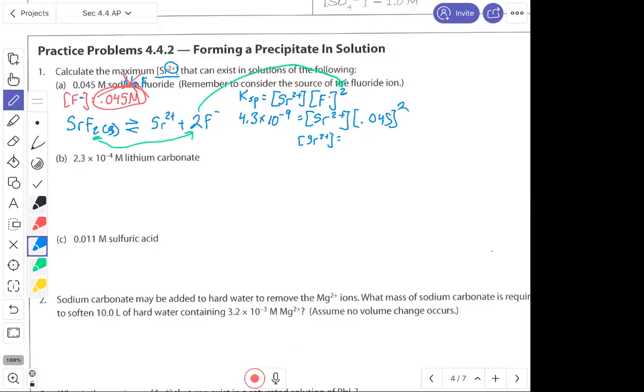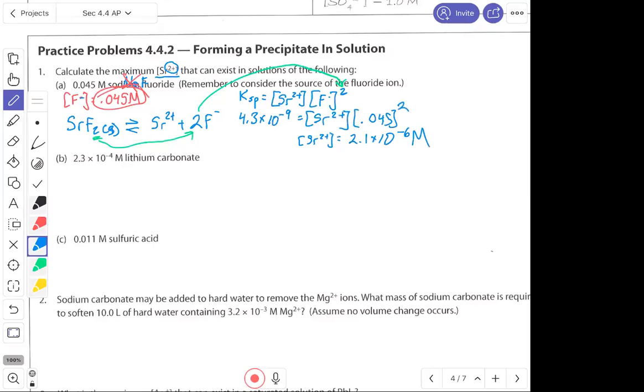Should we say what we got? I got 2.1 times 10 to the negative 6. Yes, that's what I got.